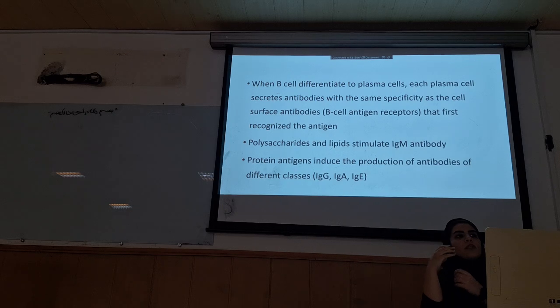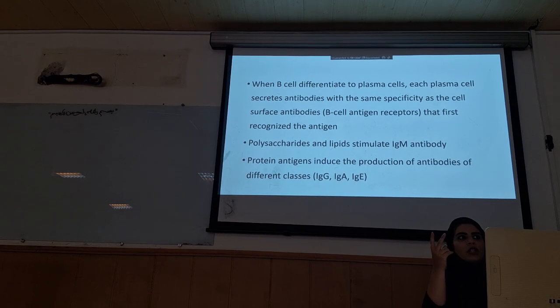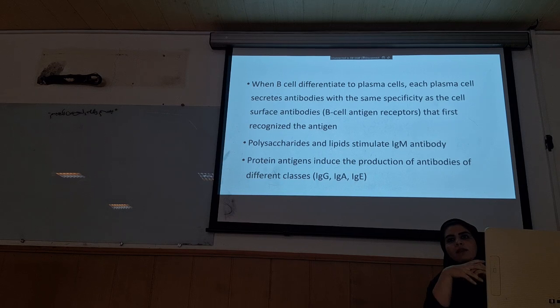Do you know what's the process which is turning IgM? First, you only have IgM, but different classes of antibody are produced in our body. Do you know what's the process of changing IgM to other types of antibody? Class switching. Yes, exactly. Class switching.